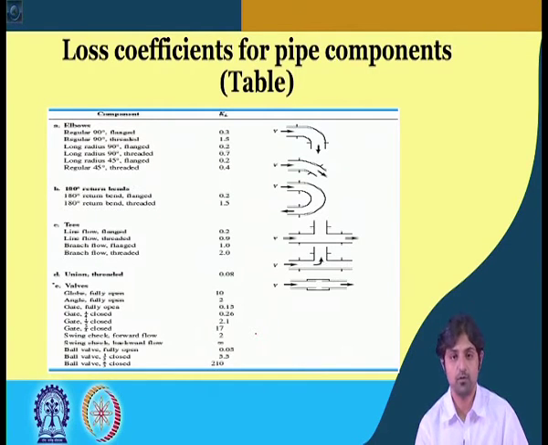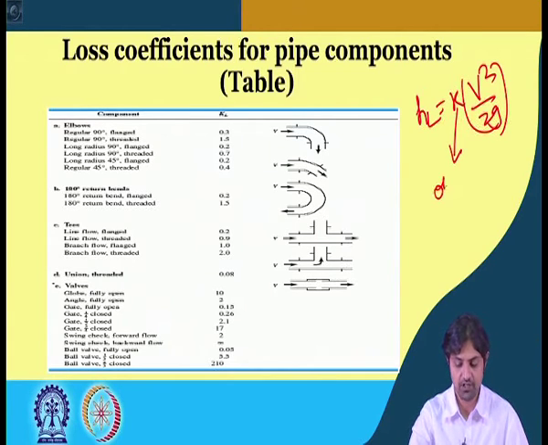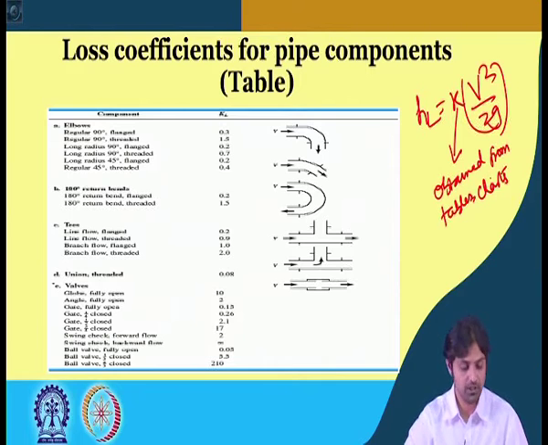Those values will not be provided and you are expected to know the formulas. Okay, so important message is that minor losses is K into V square by 2g. And K can be obtained from tables or charts.